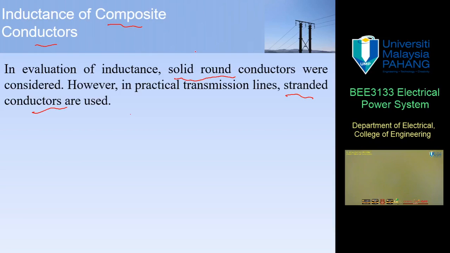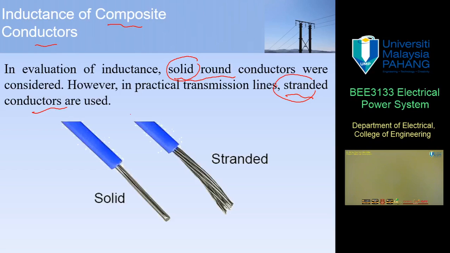Here there are two parts to the definition: one is solid and the other is stranded. It's very simple to understand. Solid means that, from the physical look of the cable itself, it's totally solid, very tidy, with a straight cut, and if you hold it, it's quite thick and hard.